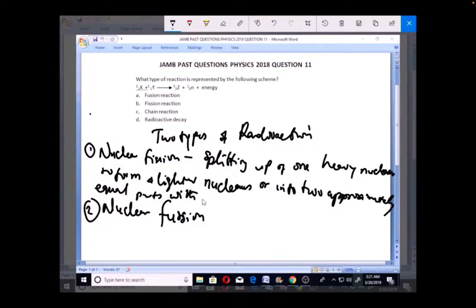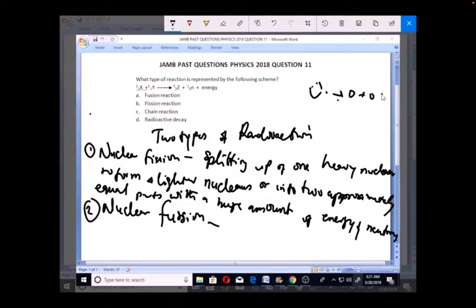And this breaking is with the release of huge amounts of energy and neutrons. So when this happens, we say that we have nuclear fission. Whenever you have a big nucleus splitting into smaller ones with the release of energy, we call it nuclear fission.